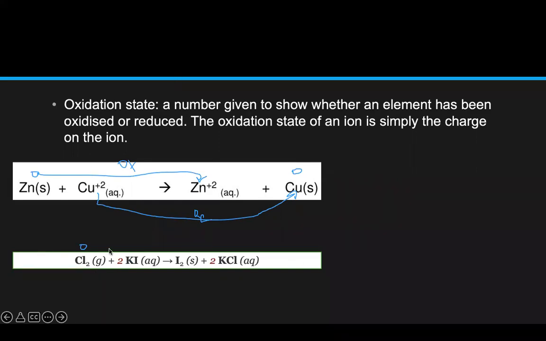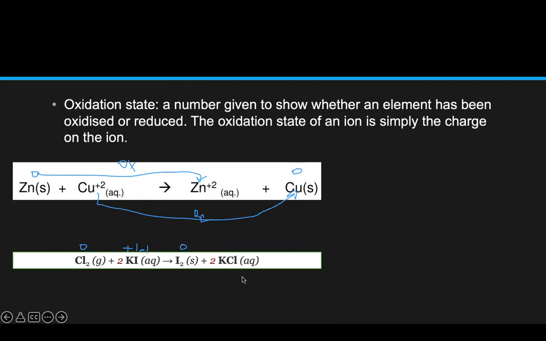So writing the charge of each element in this ionic equation, we have chlorine gas plus potassium iodide, and potassium is in group 1, so it has a charge of +1. Iodine is in group 7, so it has a charge of -1. And iodine in the pure form has a charge of 0.